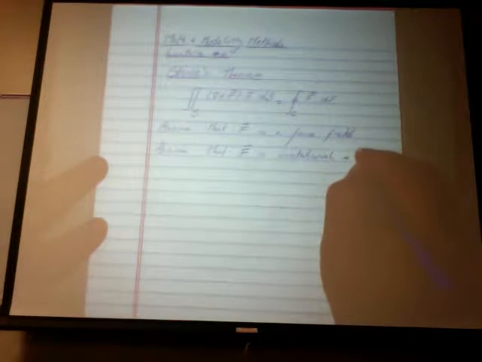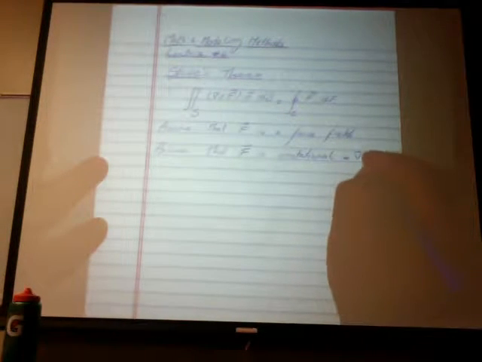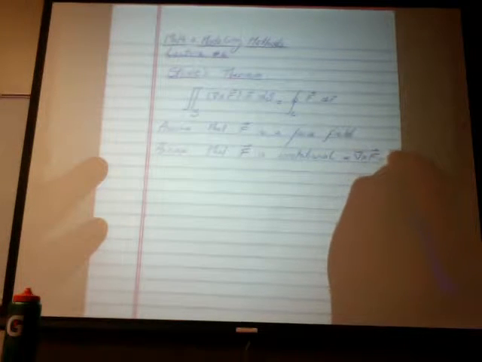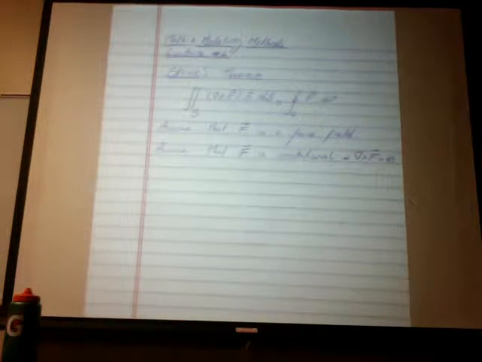In this case, we're going to see what the implications are of a force field being irrotational. And the physical implications of that can be derived directly from the Stokes theorem.